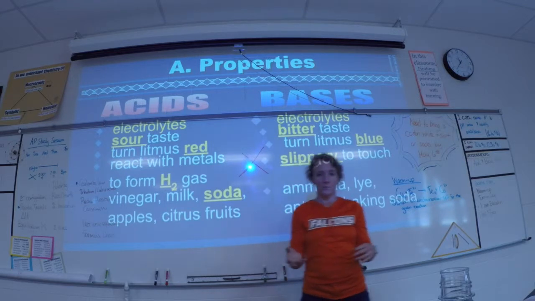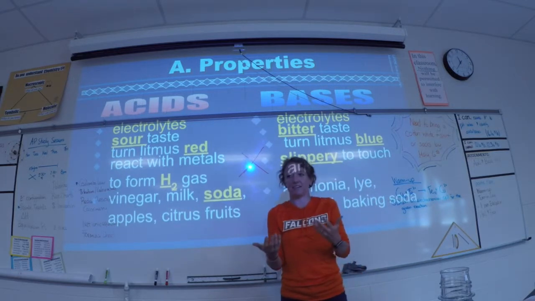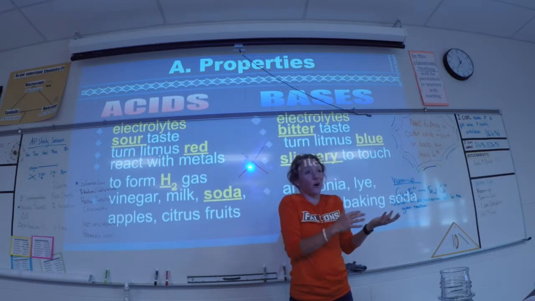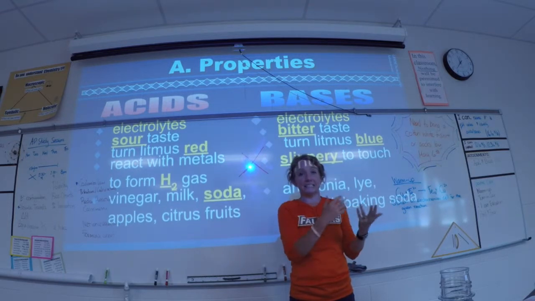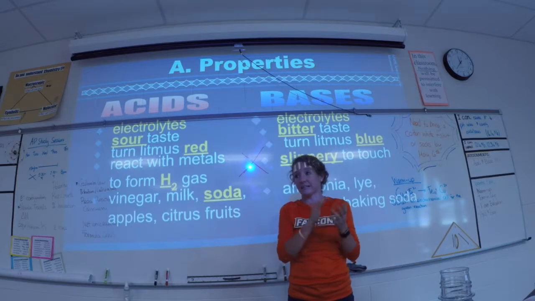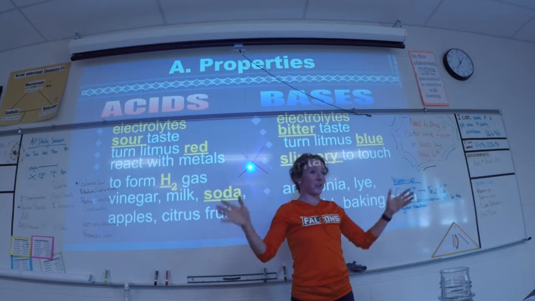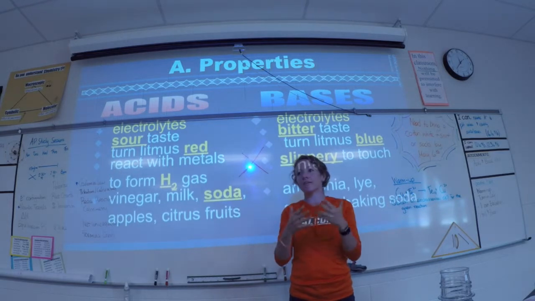Sometimes I go home and I have holes in my pants from spilling acid on them. So it eats it away. But bases, on the other hand, can also corrode your skin. It's not a burning sensation as much, but it will eat away the skin as well. So they're both very dangerous when they're really high. But if they're weaker, then they're not as dangerous to us.